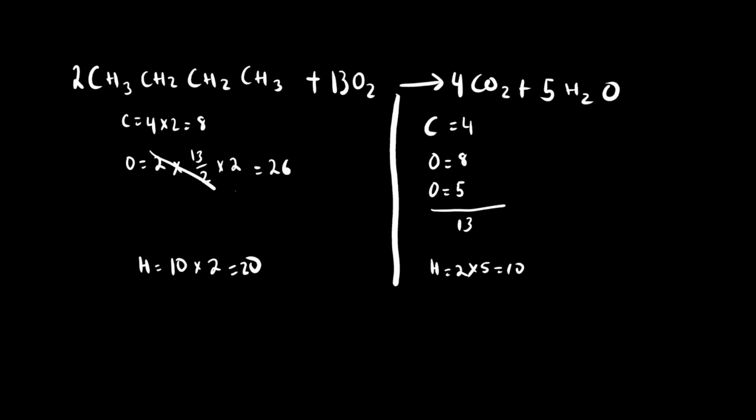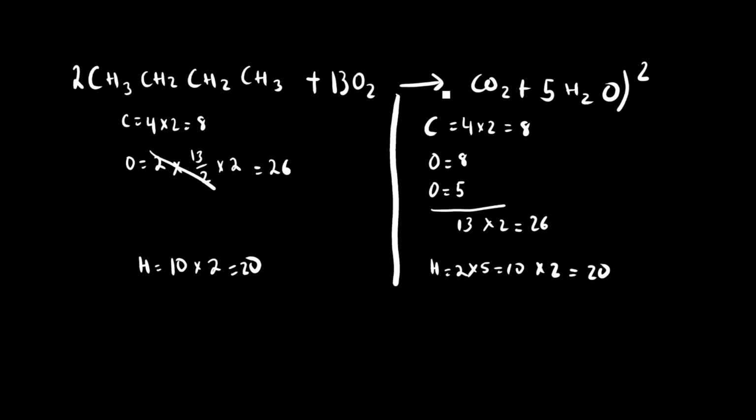oxygen on the left. And it's an equation, so what you do to one side, you have to do to another. Because we multiply the whole left side by 2, we have to do the same to the right hand side.